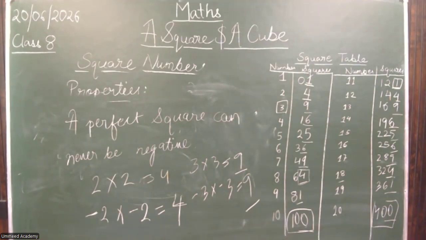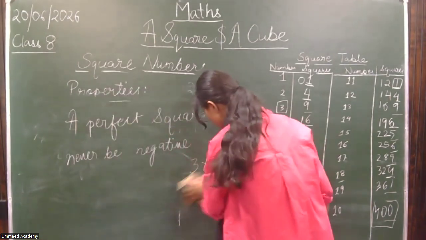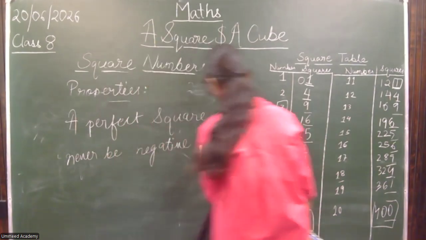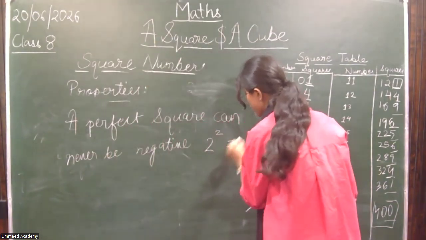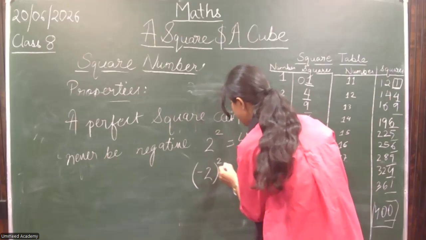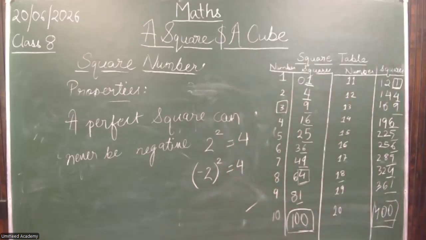Yes, ma'am. Okay, I'm writing it like this, but it is not supposed to be written like this. I'm writing this for a better understanding. It will be written as: 2 square is 4, then minus 2 ka square is also 4. Clear?